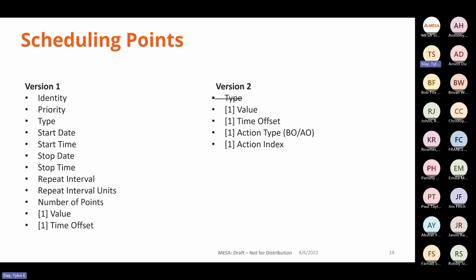We'll go a little bit in depth on some of the repeat intervals. Most of them are straightforward, but I highlighted a few that can clarify what they mean. And then same as the curves, we'll have a number of points for that schedule and a value for the schedule and a time offset for that schedule.